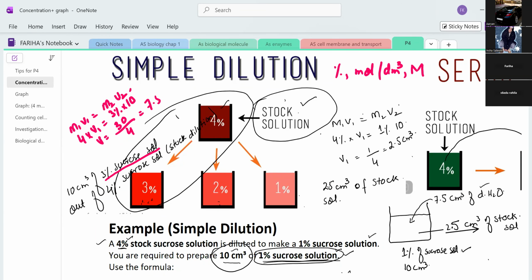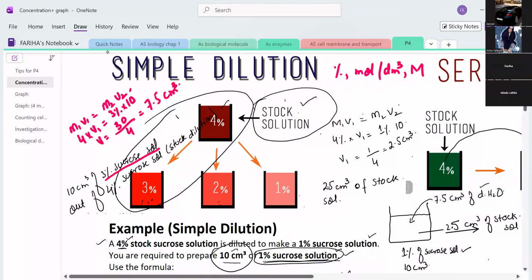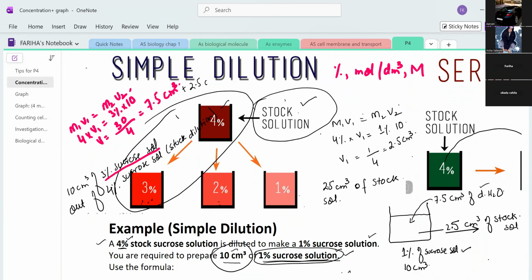7.5. So how can we make it to 3%? How can we make it to 10 cubic centimeter? By adding in this 7.5 cubic centimeter, how much volume of distilled water should be added to make it 10 cubic centimeter? 2.5 cubic centimeter of water.